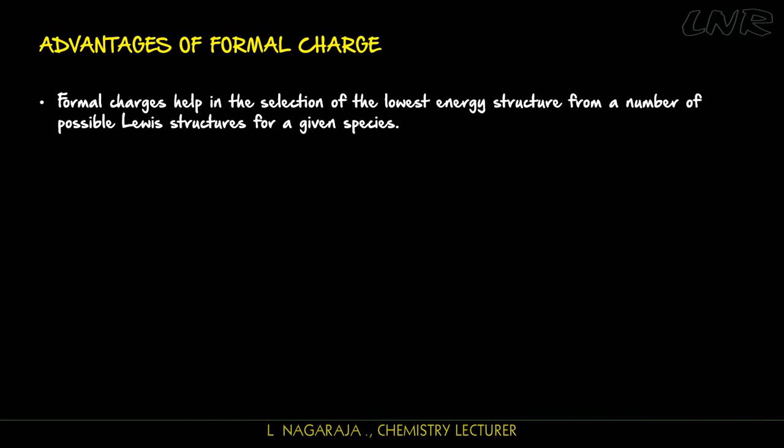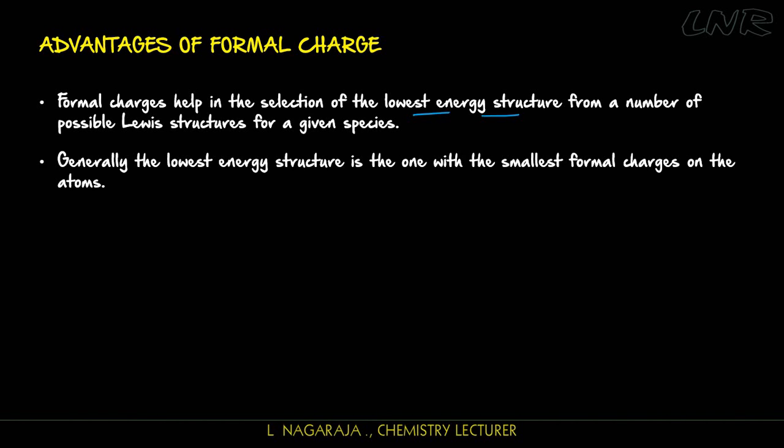The lower the energy of the Lewis dot structure, the greater the stability of the molecule. That is, the lowest energy structure is the one with the smallest formal charge on the atoms. So these are the two applications or advantages of the formal charge.